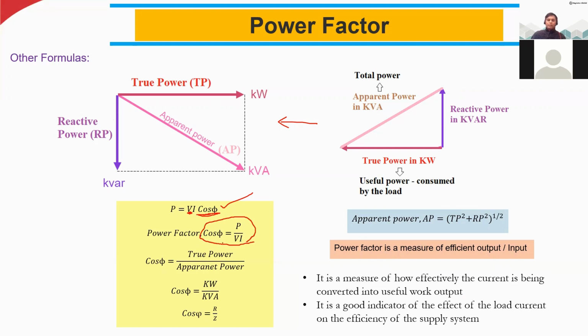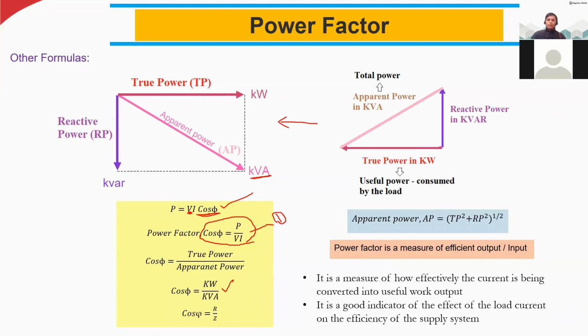So this is one of the formulas for power factor, and we can also calculate the power factor based on this one. That is the true power divided by apparent power. So we know the unit of true power is kW, and apparent power is kVA. So kW divided by kVA. In some references, you can also see this one.